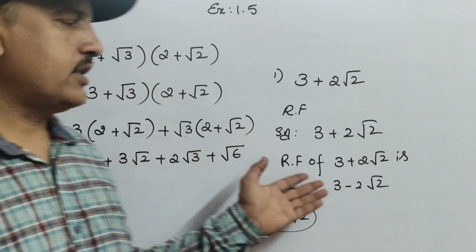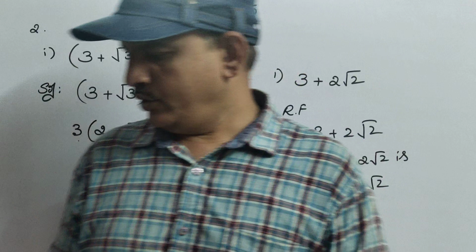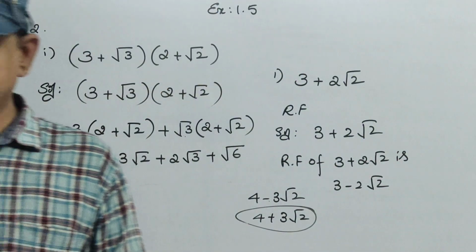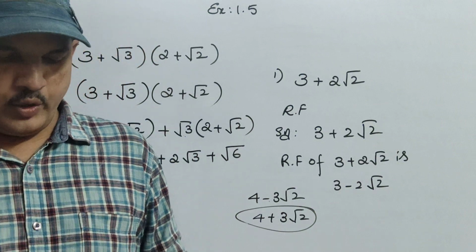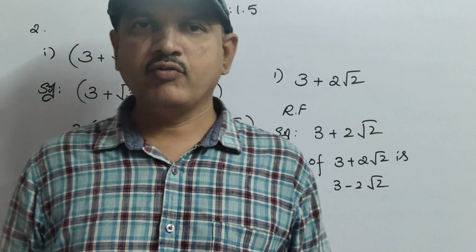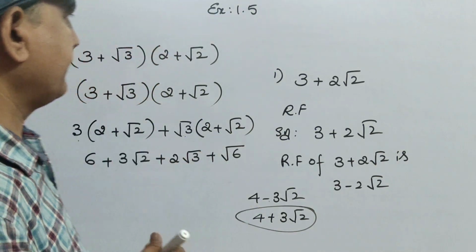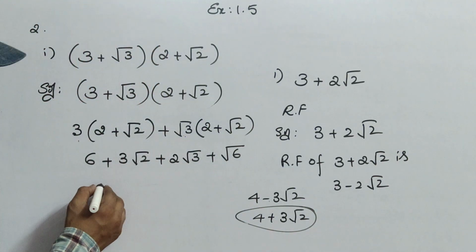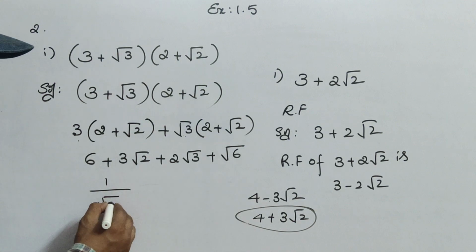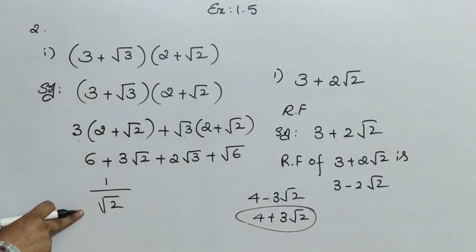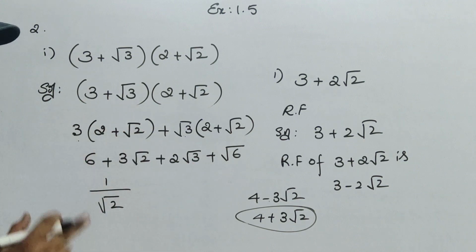Now, basing on this rationalizing factor only, we have to solve the problems given in Roman number 5. So all of you write in your CW: rationalize the denominator of the following. And one more thing: you may get a doubt, sir, if without any plus or minus they give an irrational number like this.